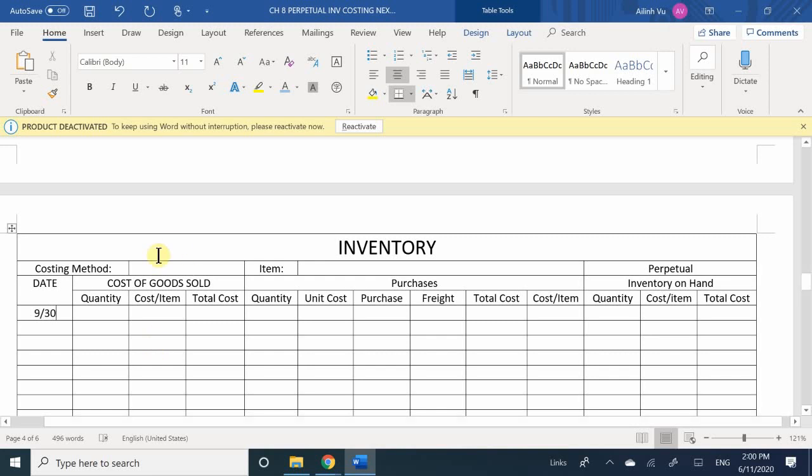We had a total of 50 units in inventory and it cost us $150. Obviously, if you didn't have the previous problem, we wouldn't have known that it was $3 each, but you can still calculate it here. You just take 150, divide it by 50, and you solve right here that it's $3 for each item.